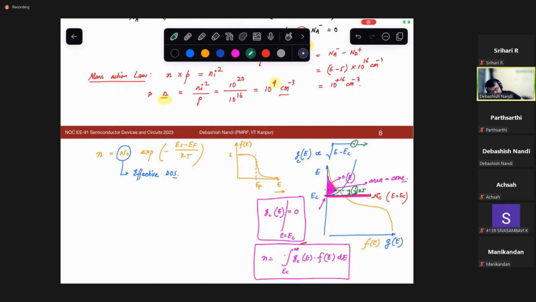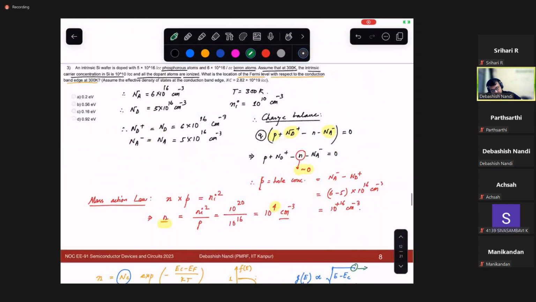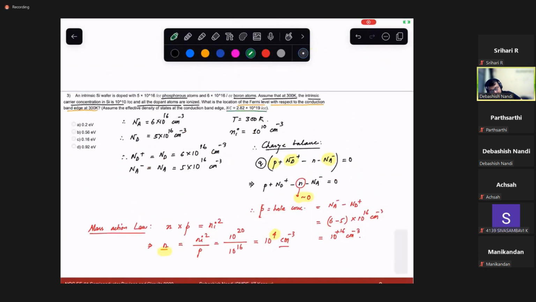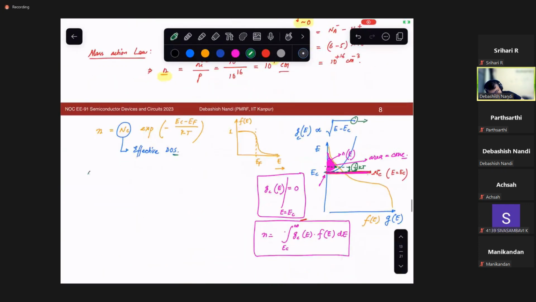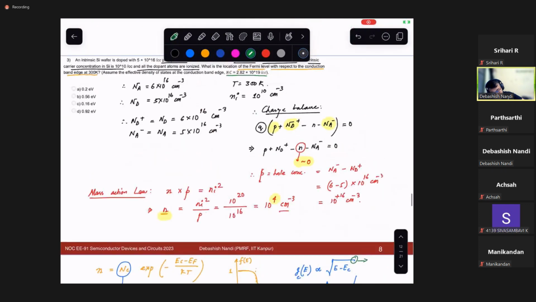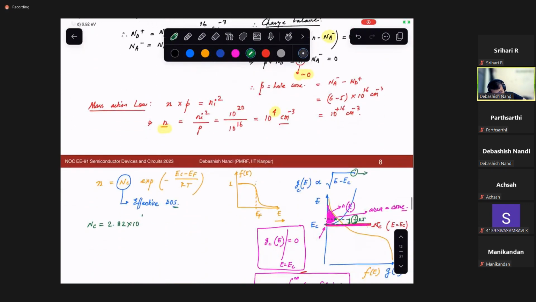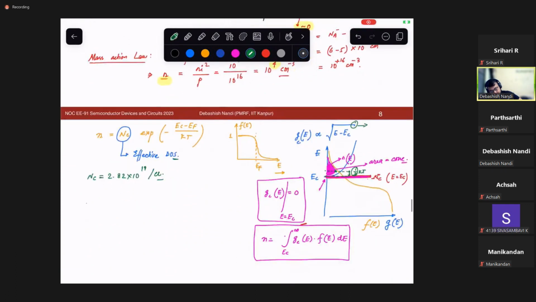So this NC is your effective density of state. In the question, your effective density of state is given: NC is 2.82 into 10 raised to 19 per cc, and your n is 10 to the power 4.